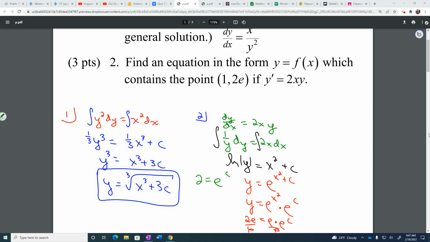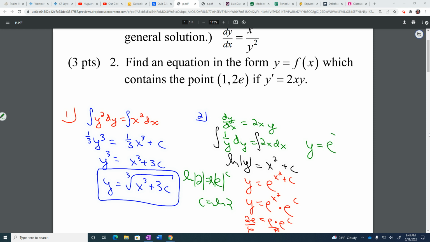Get the c down, we take the natural log of both sides. So we get c is the natural log of 2. And then our answer, y equals, I'm going to go ahead and use sort of this form here.